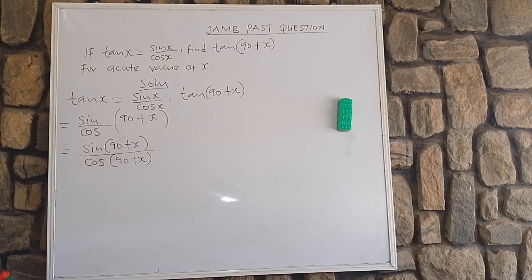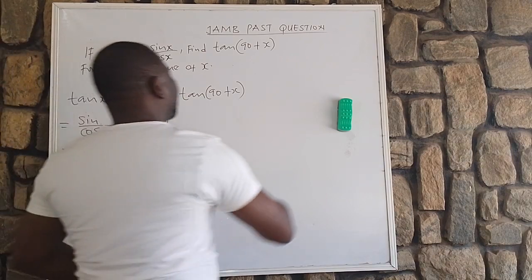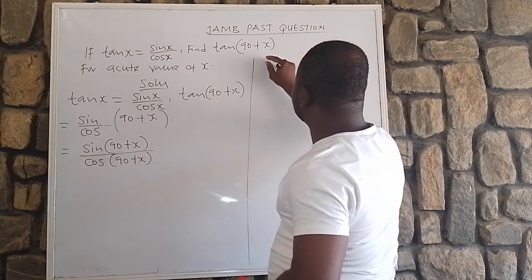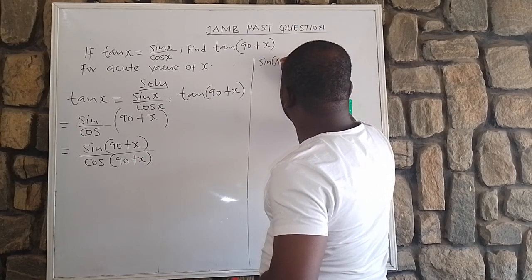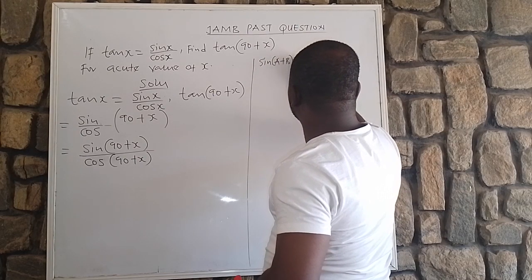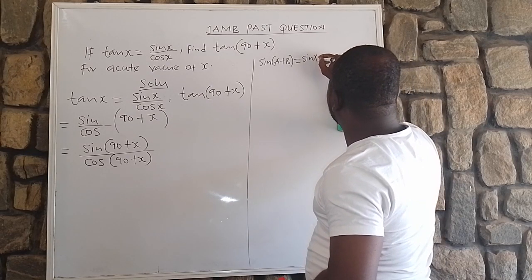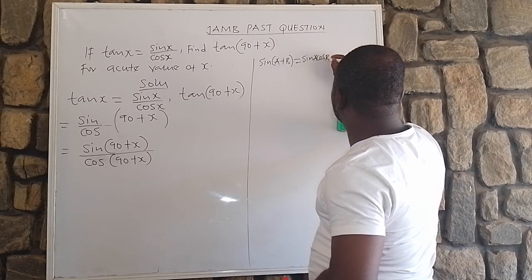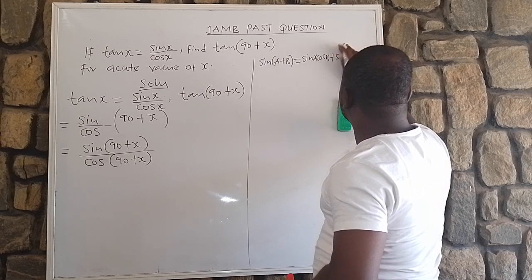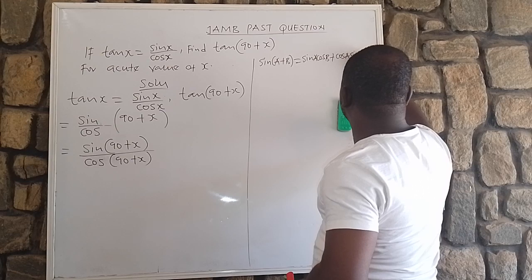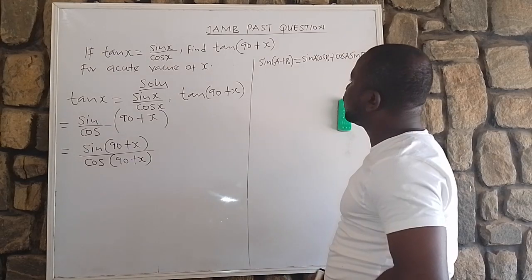Then go back to your half angle. We know that sine A plus B is the same thing as sine A cos B plus cos A sine B. True of us.